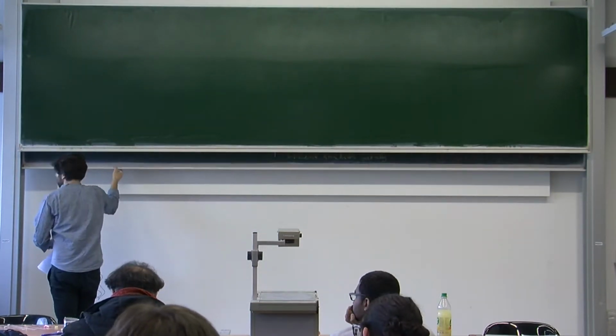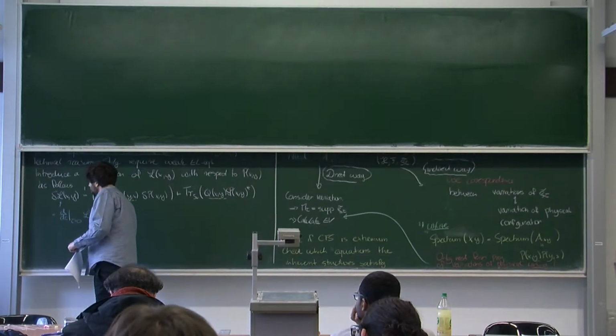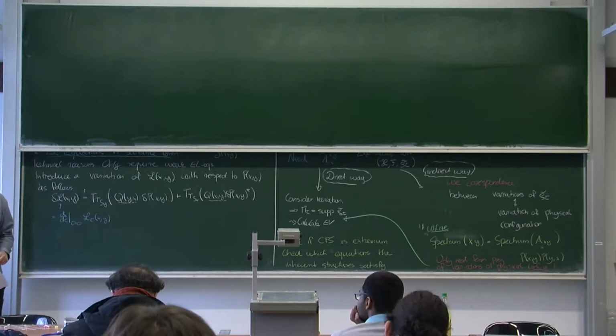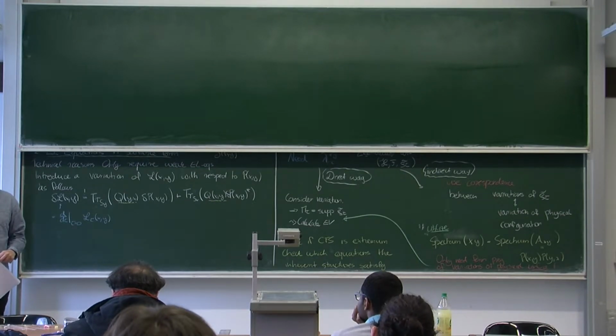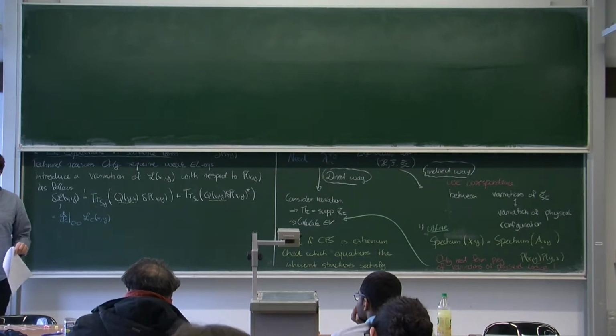I have a general question about the extremal of CFS. Why do you use the extremal of CFS? Because we're looking for minimizers of the causal action. This is the postulate of the theory: physical causal fermion systems are the minimizers of the causal action.